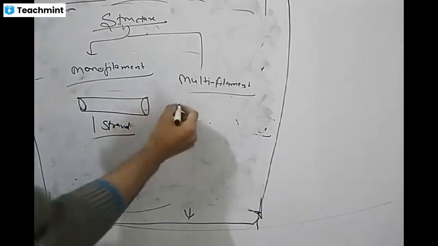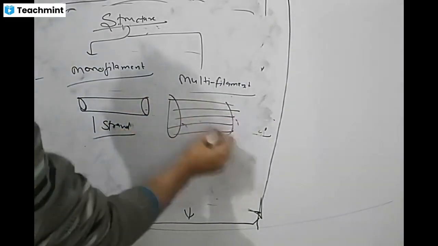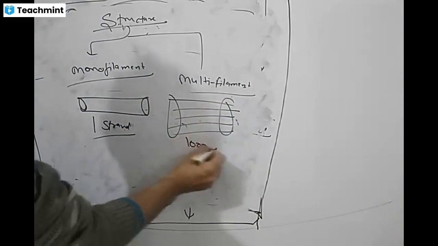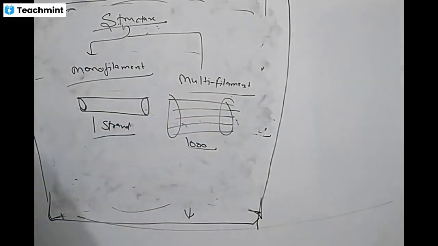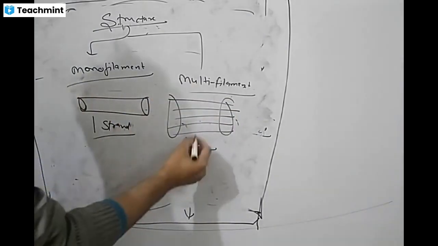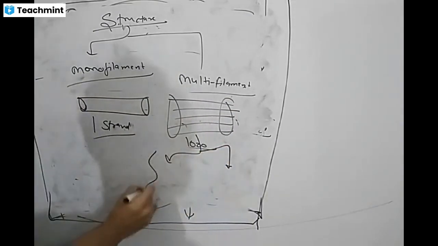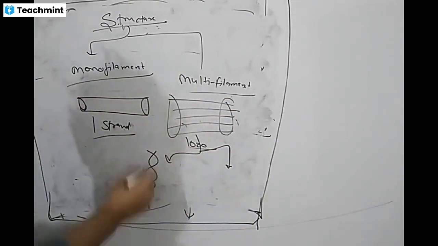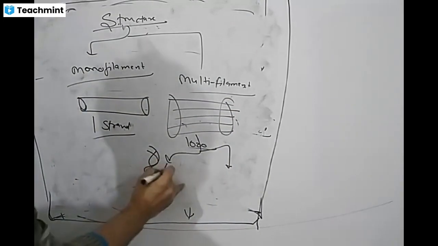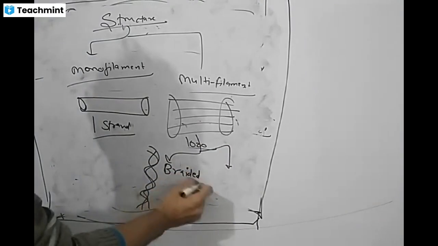In multifilament, there may be multiple thousands of strands. Monofilament, only one strand. Multifilament, these strands may be arranged like this. We call it braided.